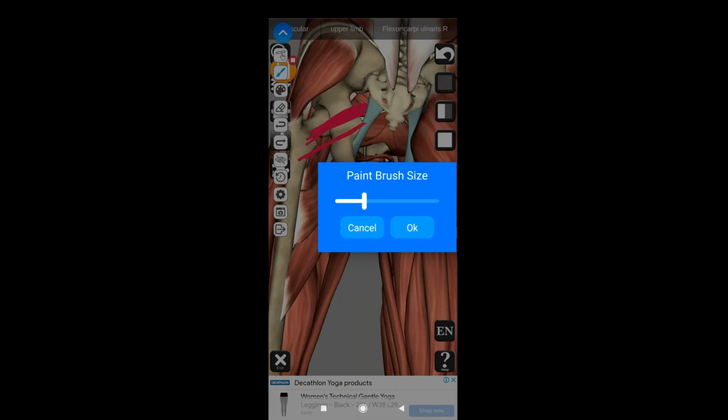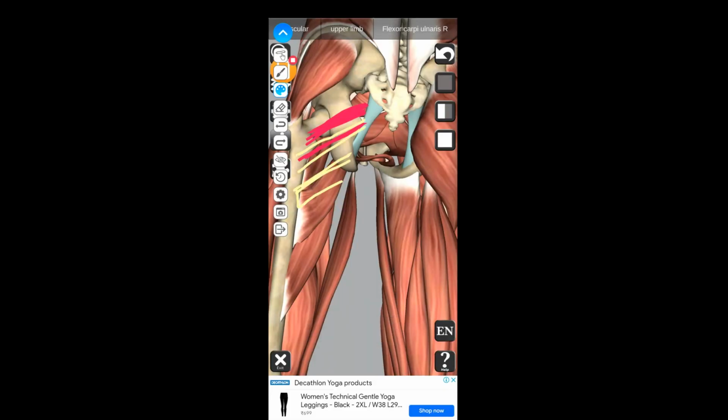And after that you will be having a square muscle. This is your quadratus femoris, not quadriceps, quadratus femoris. The yellow ones I marked are your gemelli. Between them you will be having obturator internus, and this is your piriformis.